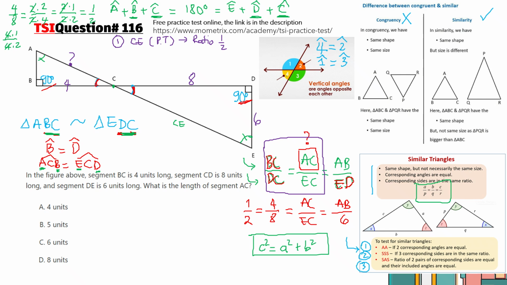Then you will have AC is equal to BC times EC over DC. That is for way number 1.